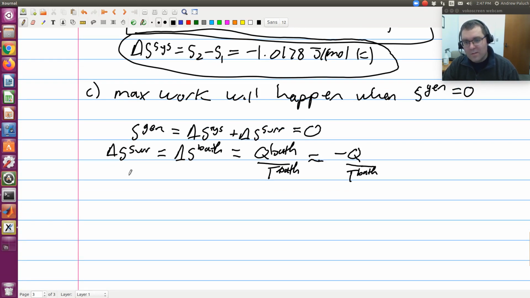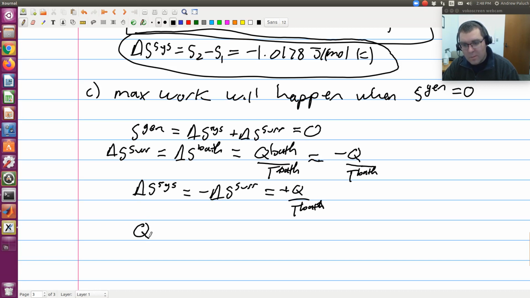So setting this up, I have delta S of my system is equal to negative delta S of my surroundings, and delta S of my surroundings is negative Q over T bath, so it'll be a positive Q over T bath. Therefore, Q is equal to T bath times delta S of my system.